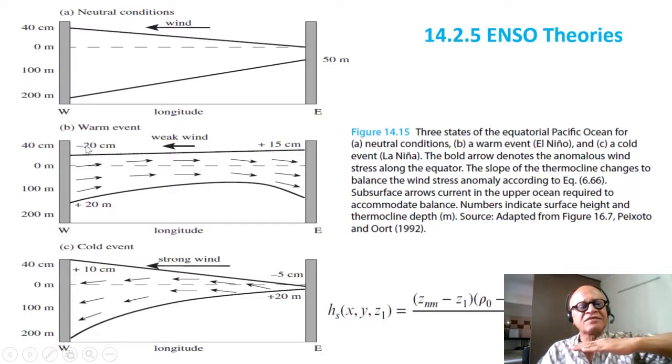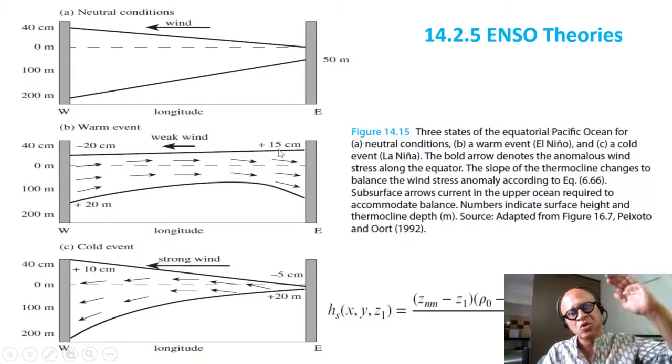So you get negative sea level anomalies here, positive thermocline anomalies, and you get anomalous flow eastward, especially near the surface, and you get a positive sea level anomaly here. So remember, cold temperatures, high pressure, low sea level, shallow thermocline like this. During an El Niño it's reversed, and during La Niña you exaggerate the sea level slope and the thermocline slope, right?